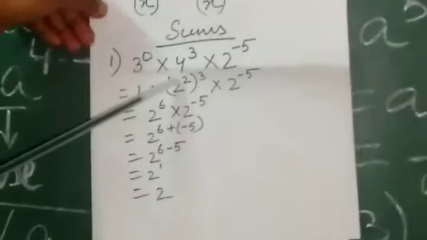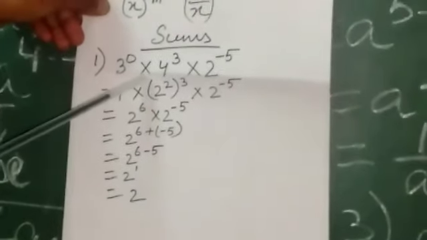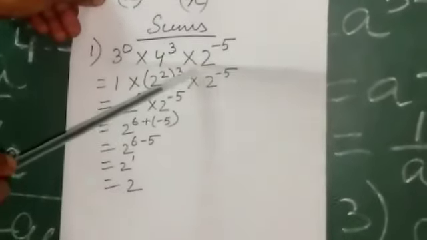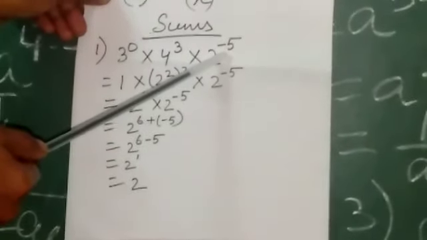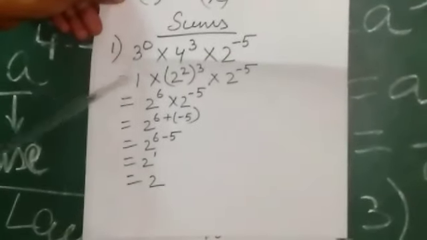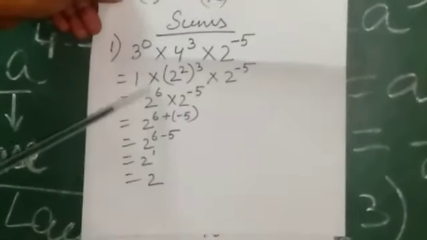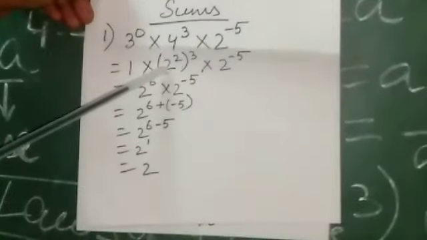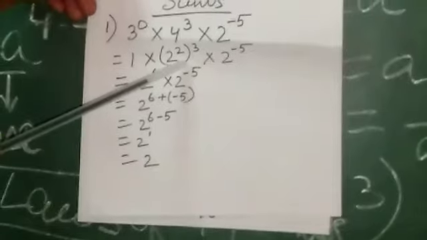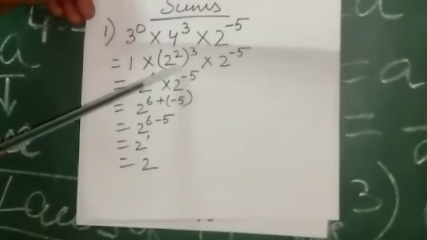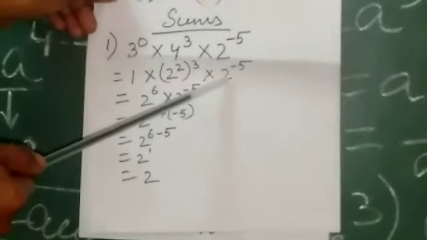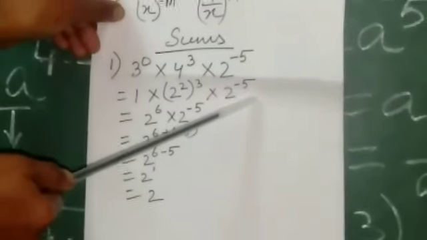The first one is 3 to the power 0 multiplied by 4 raised to the power 3 multiplied by 2 raised to the power minus 5. According to the law, 3 to the power 0 is equal to 1. 4 can also be written as 2 into 2, that means 2 to the power 2 whole to the power 3, multiplied by 2 to the power minus 5.